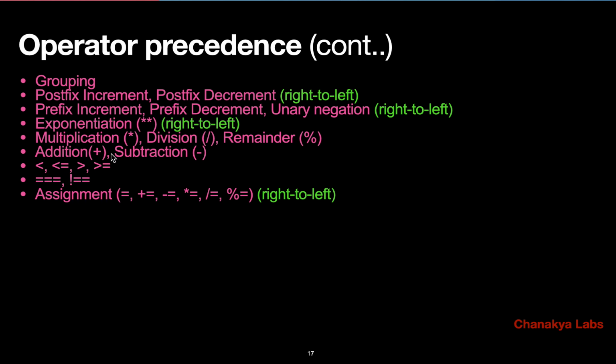So you can group it in chunks: firstly grouping will be done, then the pre-post unary operators, it's just remembering sort of thing, then exponentiation, then division, remainder and multiplication all having the same precedence, and then addition and subtraction.